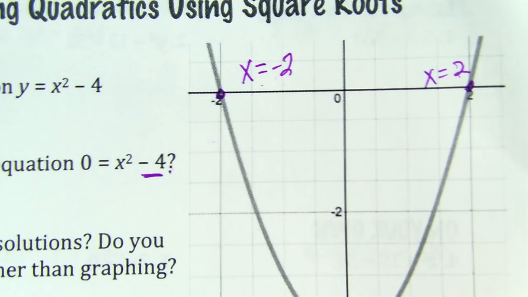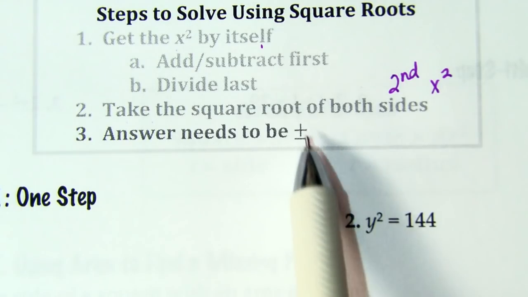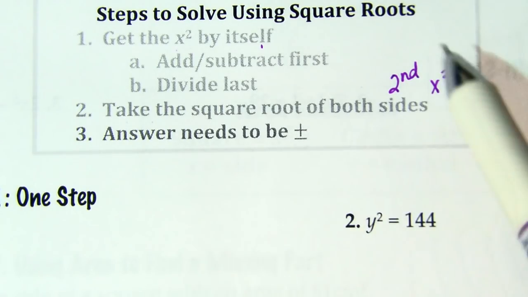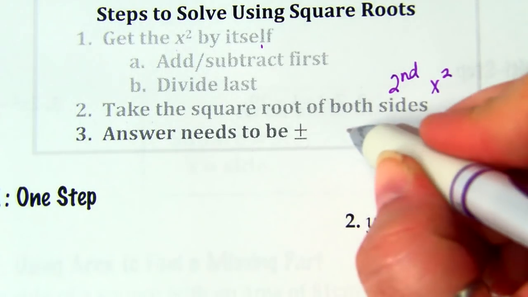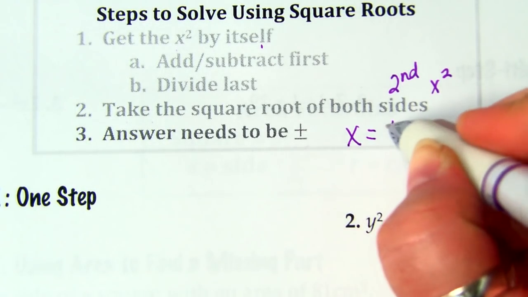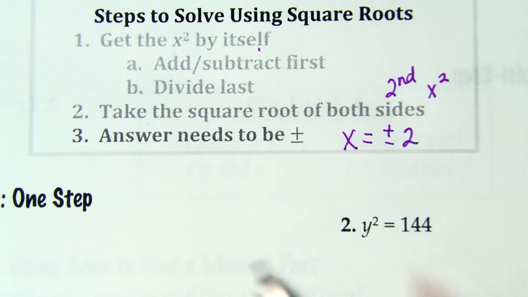So your answer has two answers, one that's positive, one that's negative. If you just want to write it down one time, like if I was writing the answer from the graph above, I could just say x equals positive and negative 2. That's just a way to write it one time instead of twice, 2 and -2.